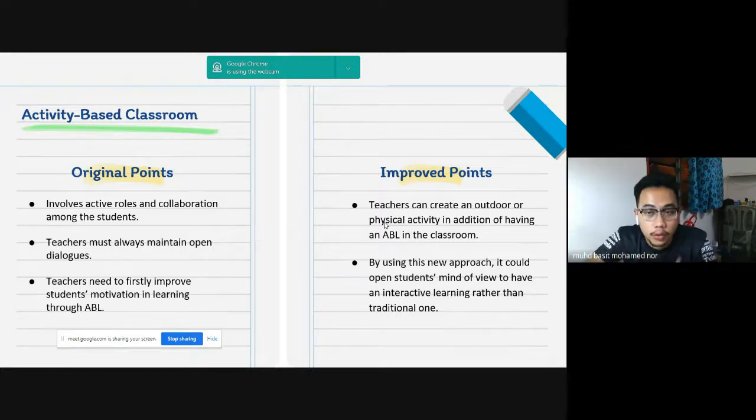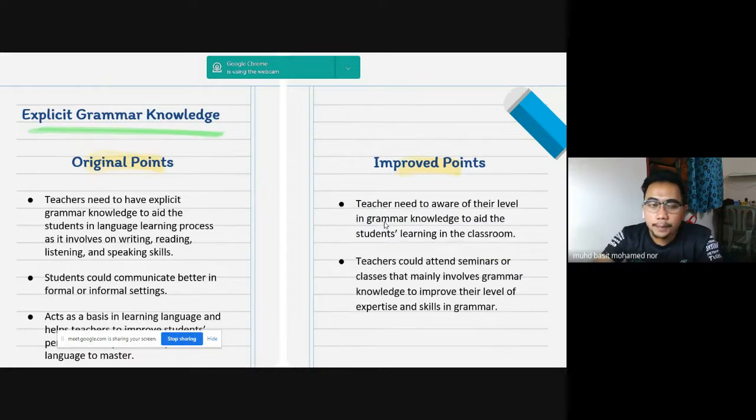Maybe teachers could use outdoor or physical activity that also teaches English, but in a newer way. So by using this approach, students will open their minds to something interactive rather than the traditional one. The next one is explicit grammar knowledge.